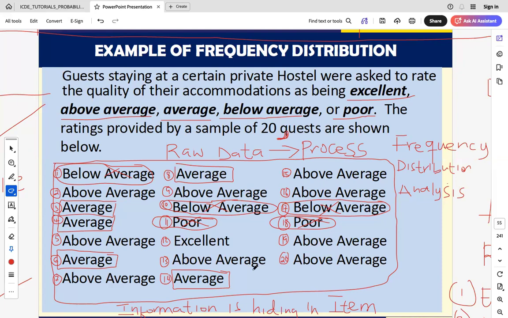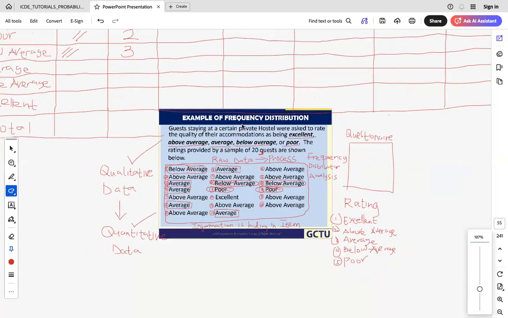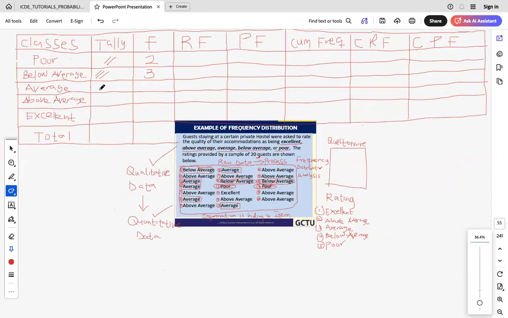So average, we have 5. We go to our information table and then we record it. 1, 2, 3, 4. Then the 5th one, you cross. So you have 5 people saying the hostel facility is average in quality.